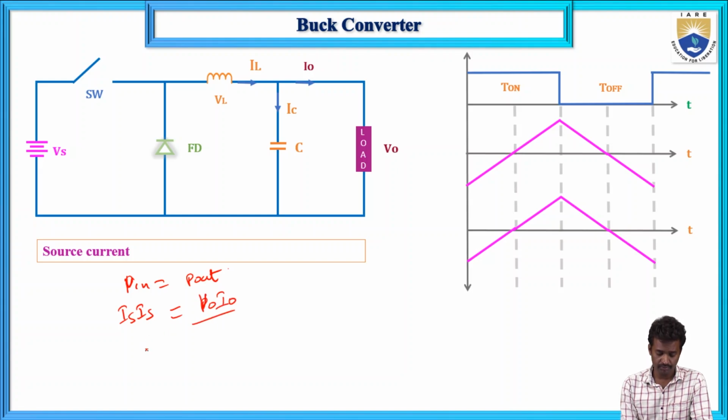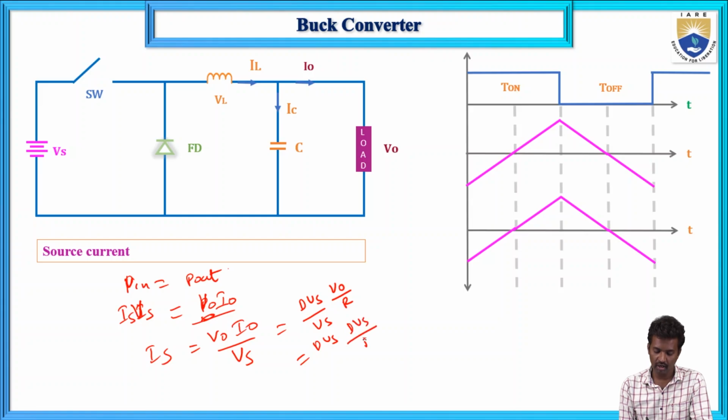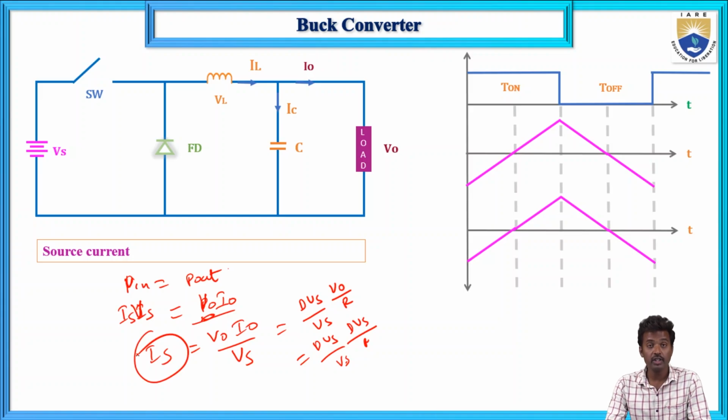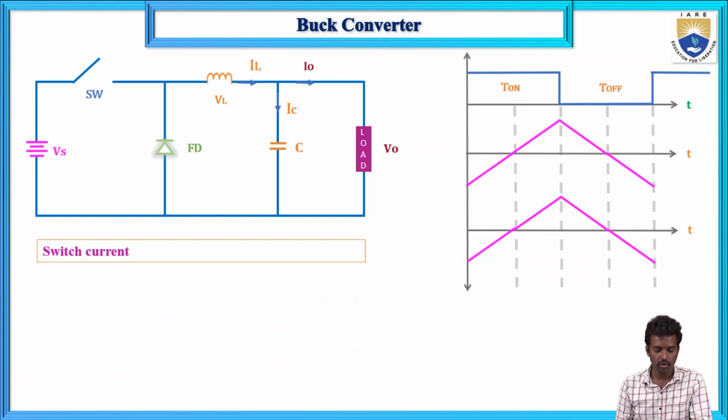So Is equals V naught into I naught divided by Vs. We know the formulas for V naught and I naught: V naught means D into Vs, and I naught means V naught by R, that is D into Vs by R. Substitute in this and you will get the source current. So this is the case for source current. Now what about the switch current? Switch current is different and source current is different.